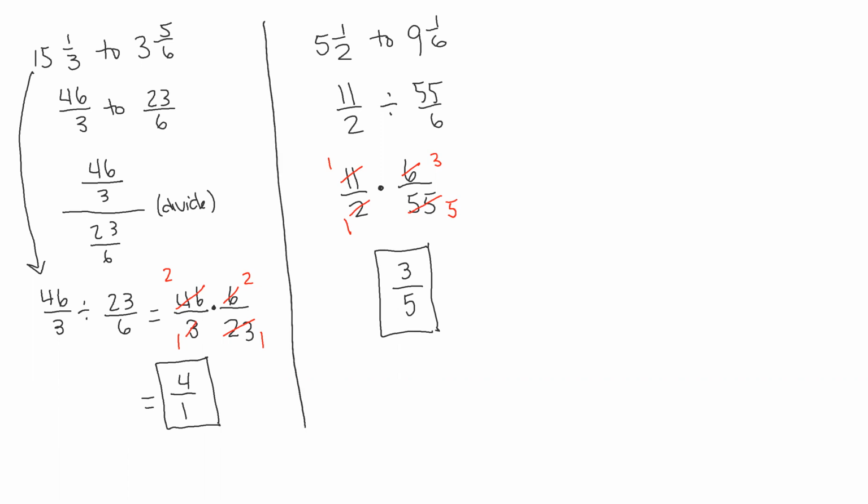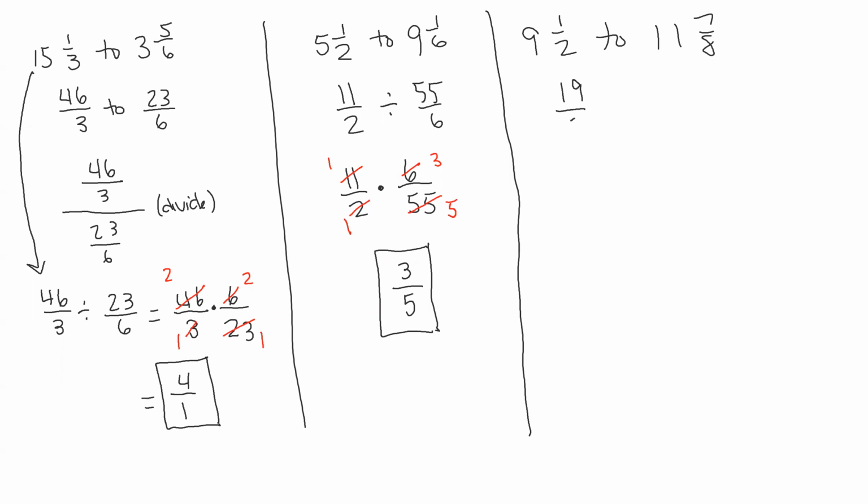Okay. One more, and we'll move to a couple of application problems. Let's say I have, maybe I want to do this one, 9 1/2 to 11 7/8. So let's convert to improper fractions. 9 times 2 is 18, plus 1 is 19.